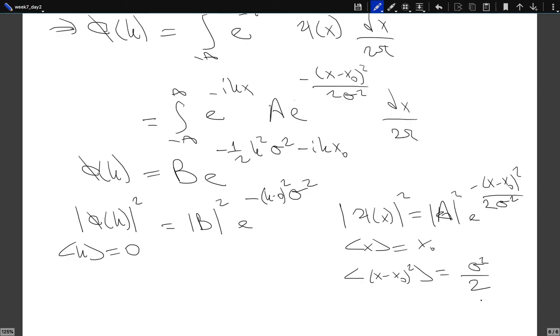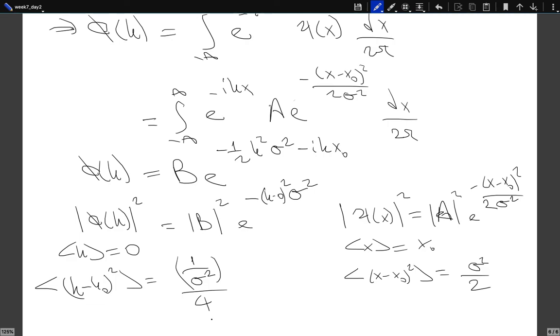The algebra, the mathematics over here, will be identical. So the average of (k minus k0) squared will be, well, the factor dividing minus k squared is 1 over sigma squared, divided by 4, just like over there.